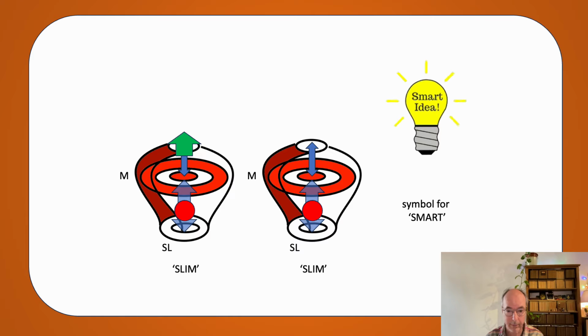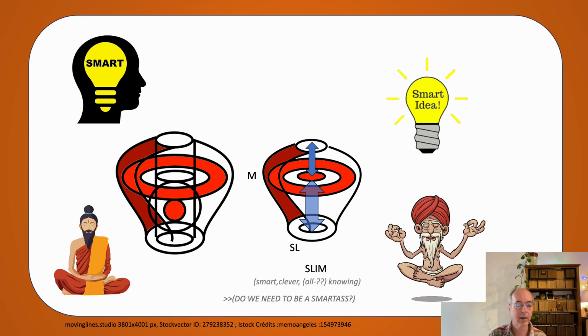I looked it up as this light bulb, which is an expression of this smart idea. The impression that I also have of this balance seeking between the vibrations of the outside world and the inner control, it looks a bit like the headband, I think it is called, from some of these Indian gurus, as you can see here.